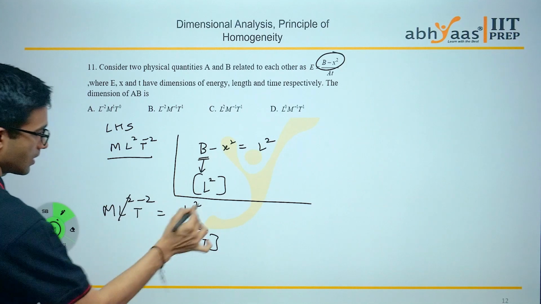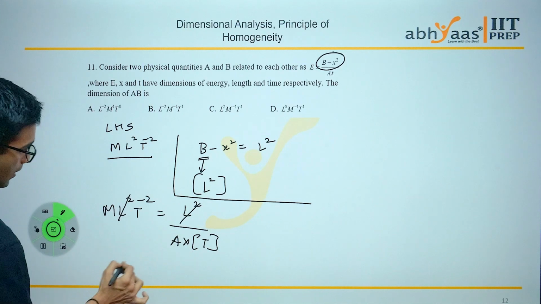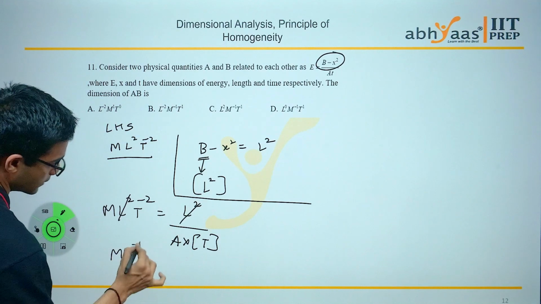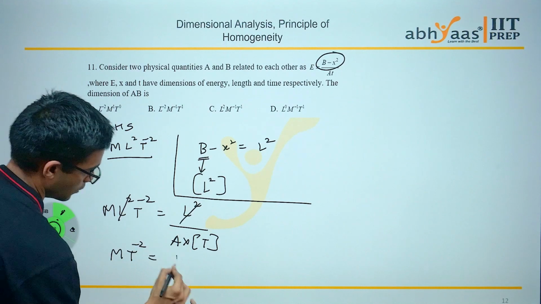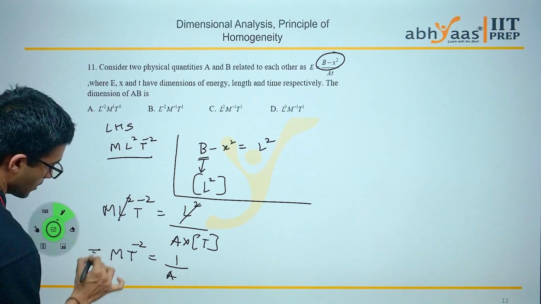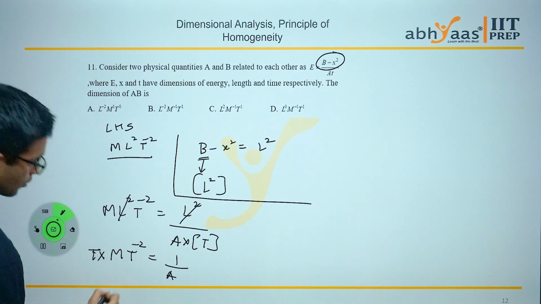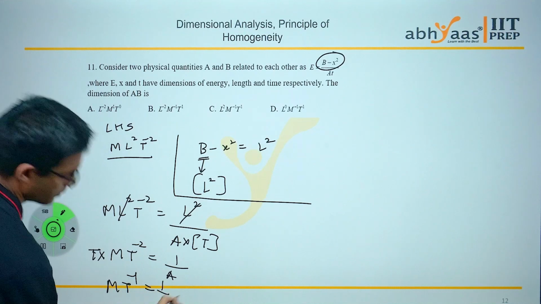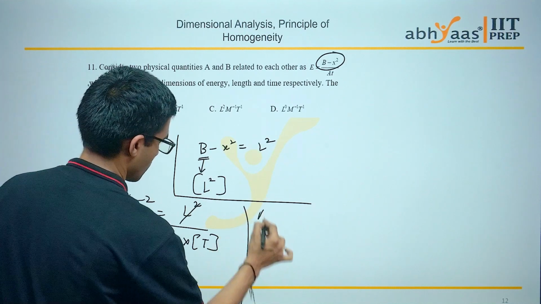L square gets cancelled. So A, if you cross multiply, I'll write in the next step, m t power minus 2 is equal to 1 by A into t. Here time t you can write. So what you got? m t power minus 1 is equal to 1 by A. So A is equal to what you are getting?